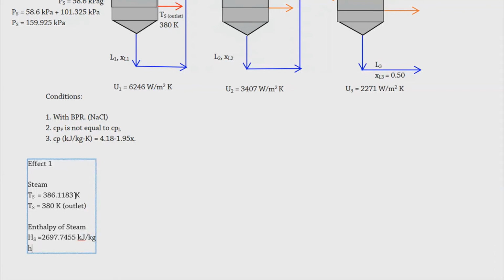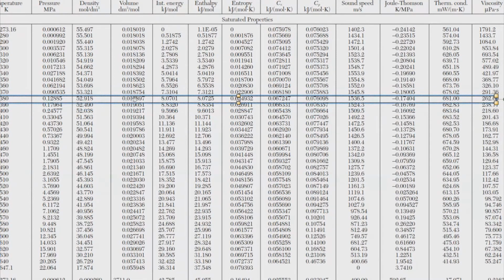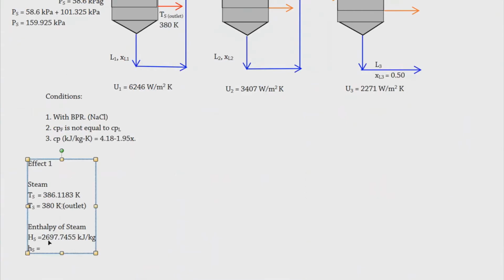Okay. And then how about this 380 Kelvin? Gagawin nyo lang dyan since meron kayong H sub S na condensed. So you go back to the Perry's handbook and then check on 380. So kung ano yung saturated property niya na liquid, ito lang yan. Kukunin nyo lang yan and then just convert it to the desired unit. So with that, you will be able to get 448.4722 kilojoule.